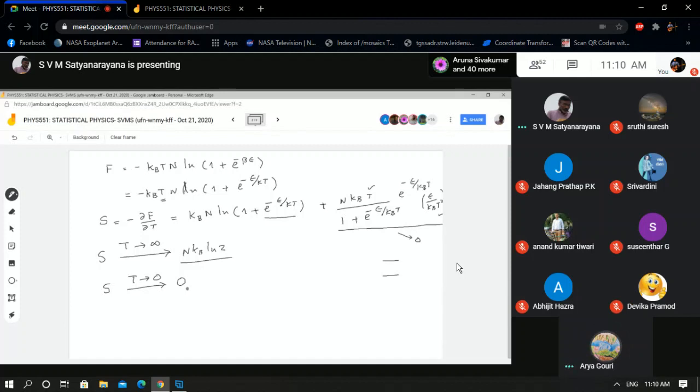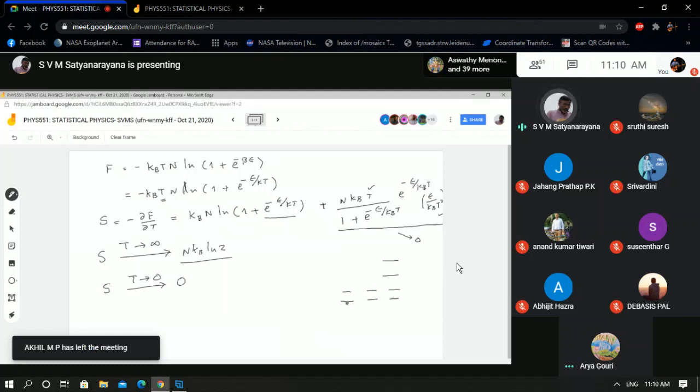Theoretically maybe we can say it's 0, but I don't think it would be 0. See, physically you have first particle, second particle like this. At 0 temperature, no particle will have enough energy to go to the excited state. That means all particles will be in the ground state only. So how many microstates will be there of that type? There is only one microstate.